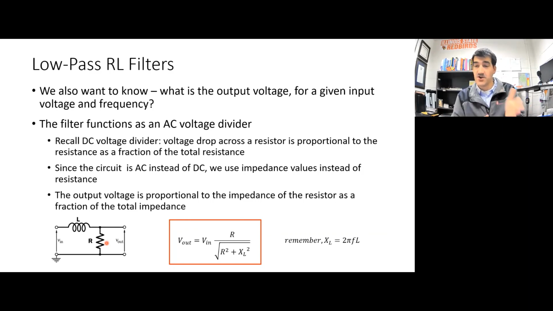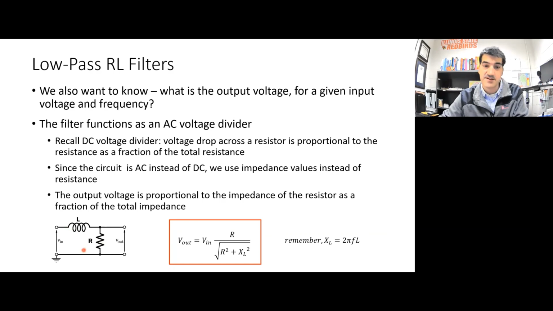Remember that triangle where we had the resistance, the reactance, and the impedance. If one of the legs is 0, then the impedance is equal to the length of the other leg, whatever it is. So the impedance across this component is just equal to this resistor's resistance.